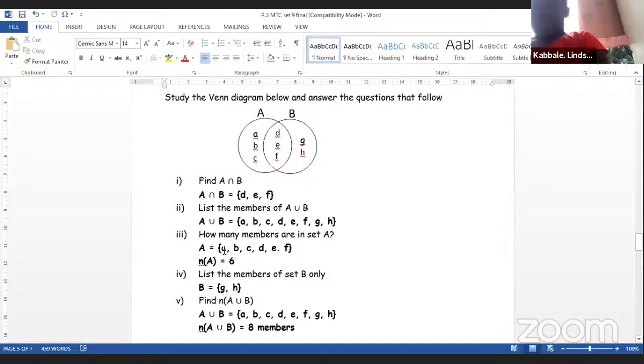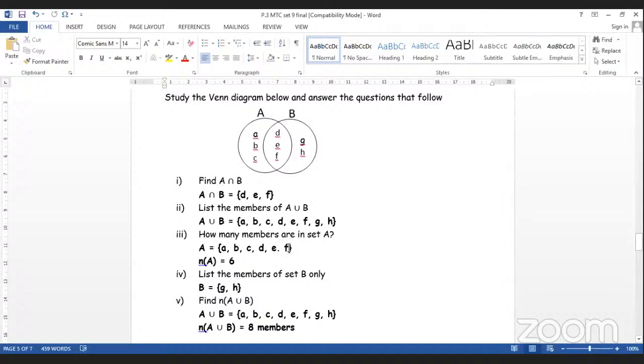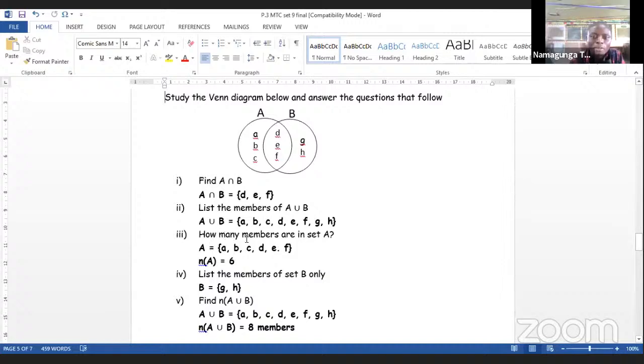If you count them, how many are they? They are 6. Very good, girl. Because they are asking us how many members, that's why we end up writing that number of members in set A is equal to 6.